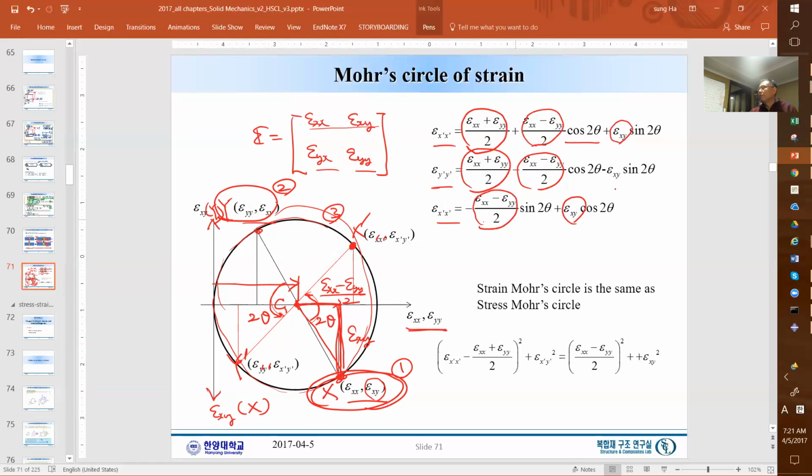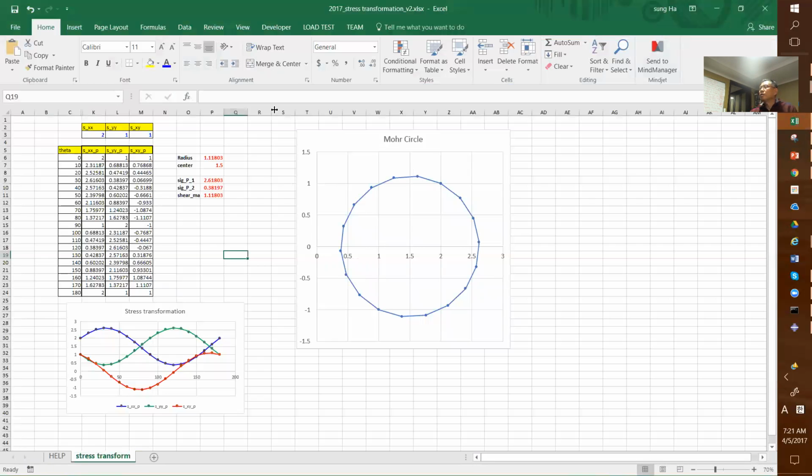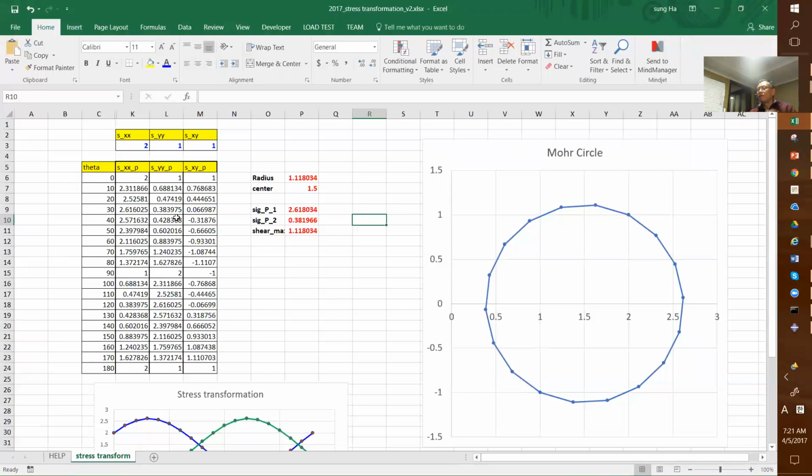Well, we already have the Excel, which we derived from stress transformation. I simplified, but as you can see it has equations.